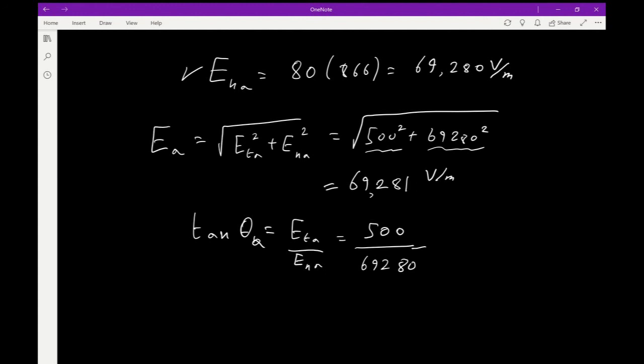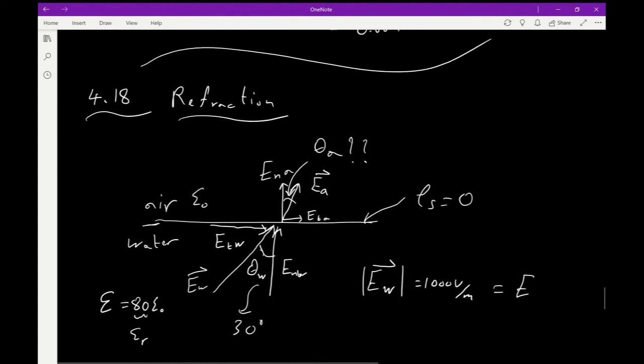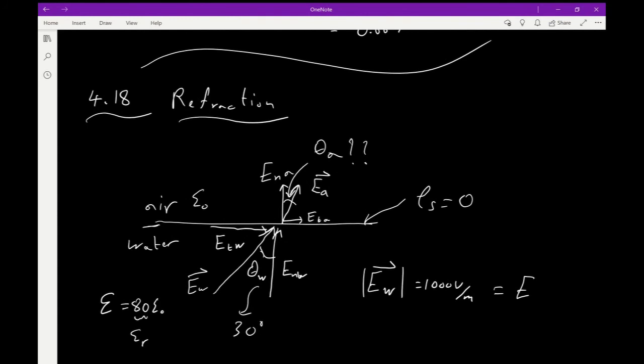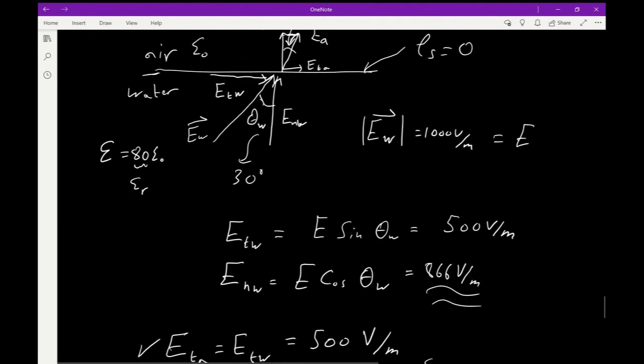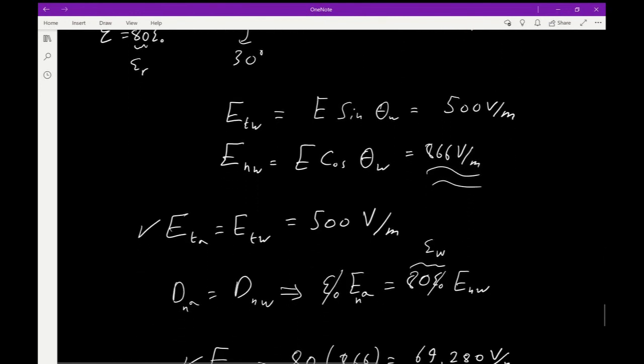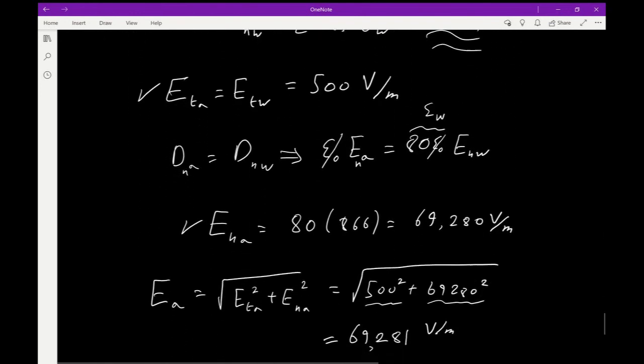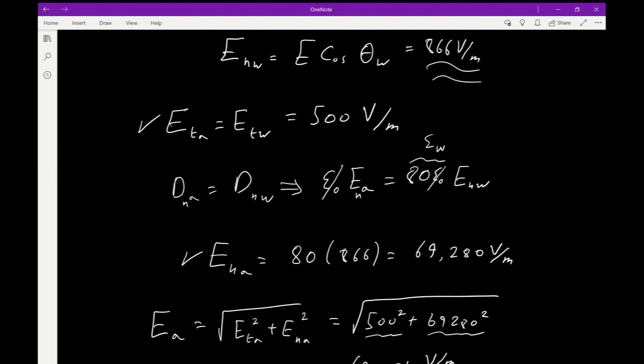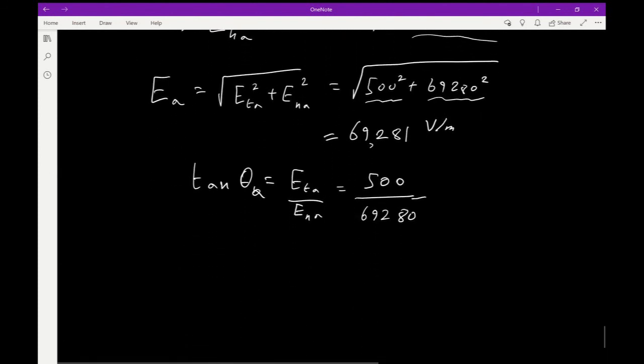The tan is always going to be the tangential component over the normal component. It's just a regular triangle, right? And we've already calculated the tangential component in the air and the normal component in the air. But anyway, the difference is just 1, so it won't matter much.